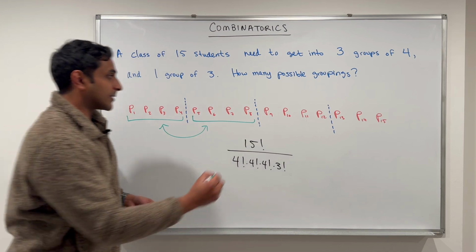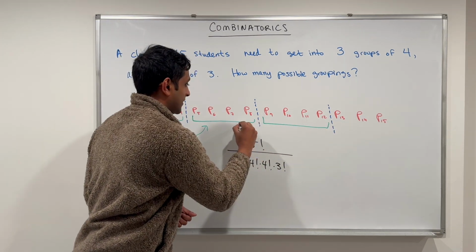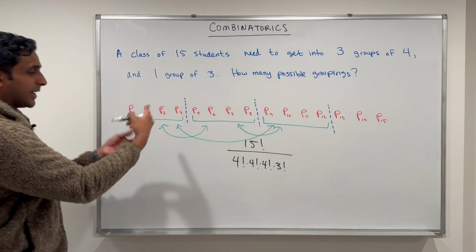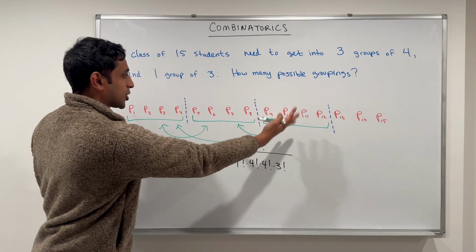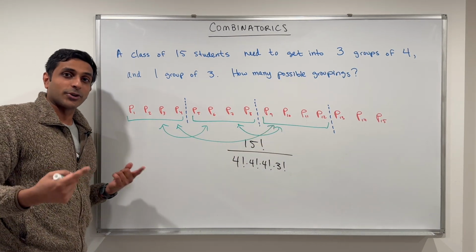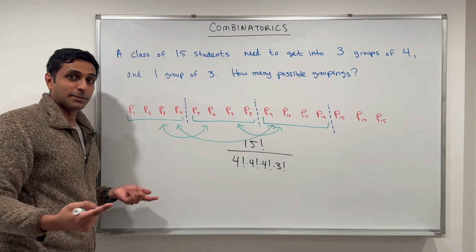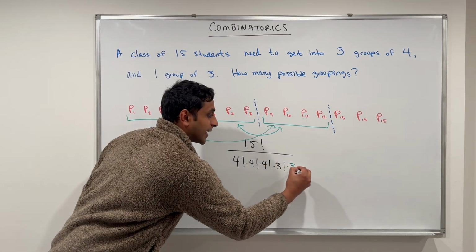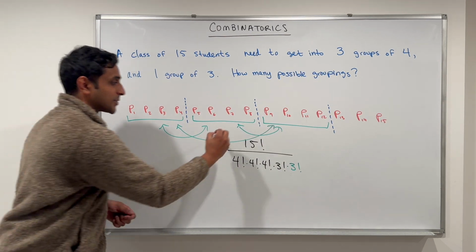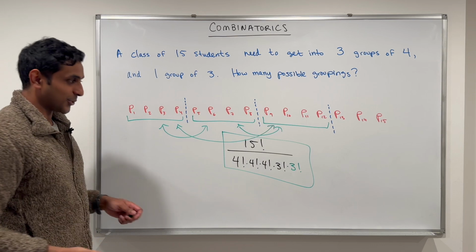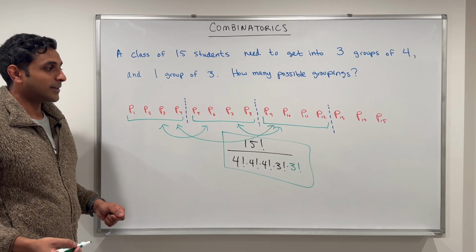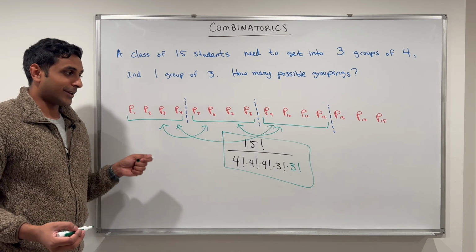And if you think about it, I could also switch around these 4 people or also these people, right? Any way I shuffle up these 3 chunks of people should lead to the same partition. And there's 3 factorial ways of ordering these 3 chunks of people. So I need to further divide by 3 factorial. So the answer to the question is actually 15 factorial divided by 4 factorial cubed times 3 factorial squared. Make sure you understand every piece of this answer.